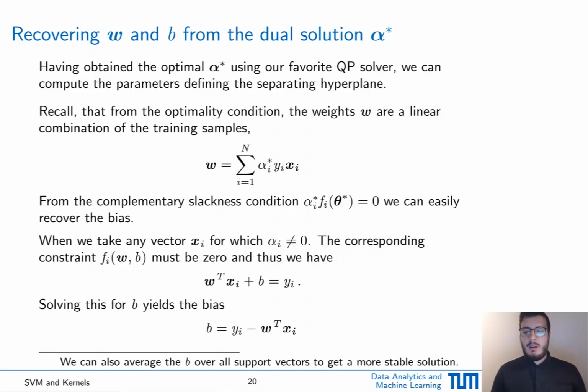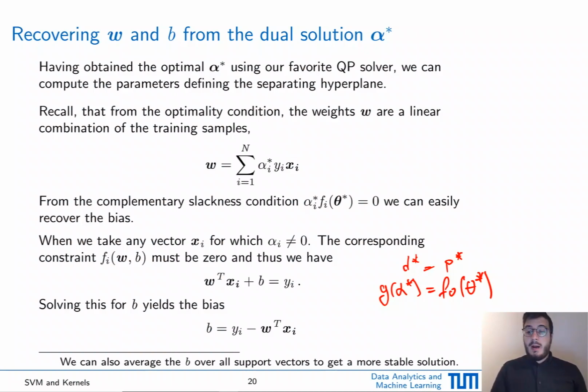So let's see how this works. We know that if strong duality holds, then there is no duality gap, or the duality gap is 0. In other words, d star equals p star, so the solution to the primal is the same as the solution to the dual. Put differently, g of alpha star equals f0 of theta star, where theta star are the optimal parameters, in our case w and b, which correspond to the optimal alpha star.